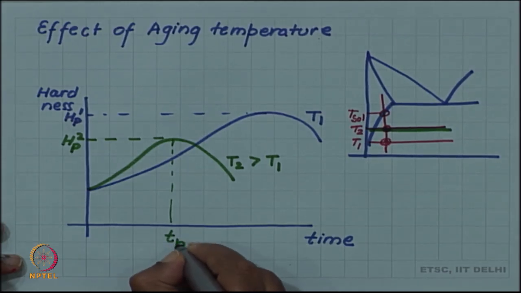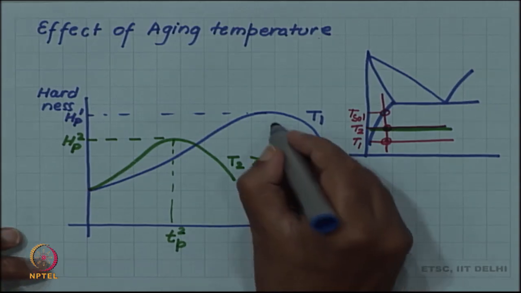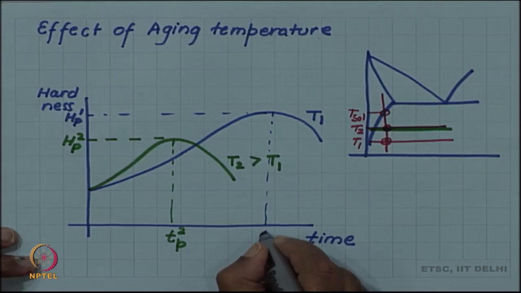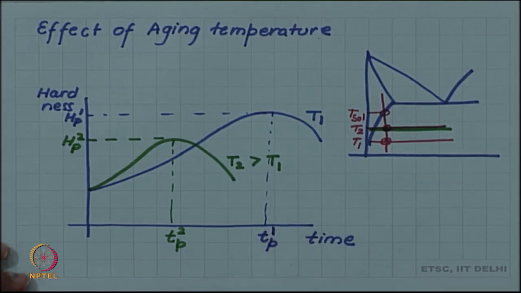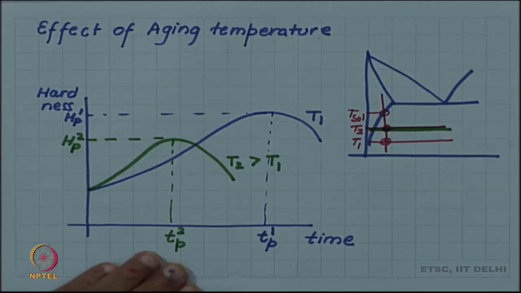The time to achieve this hardness TP2 is also less than time to achieve the hardness at a lower temperature TP1. Now, why does the hardness decrease and the time also decrease?